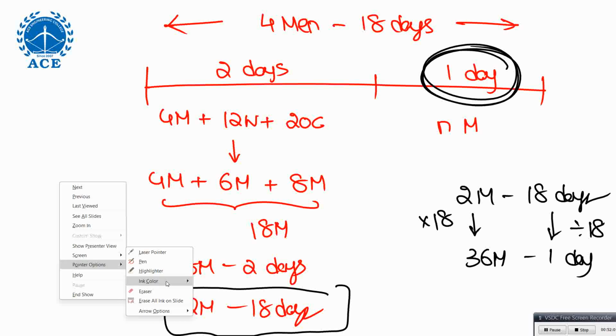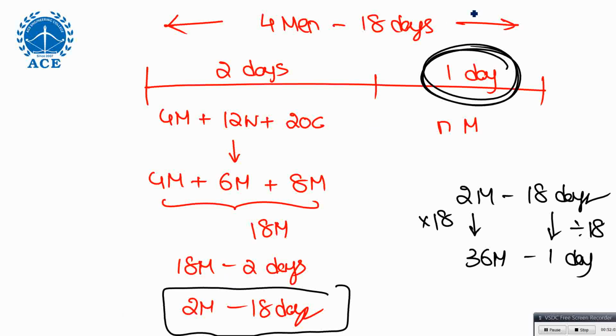Listen, one moment. I can take work equal to 4 into 18, which is 72. Work is 72 men days, written as MD. 4 into 18 is 72 men days. Here 18 men worked for 2 days means 18 into 2, how much?